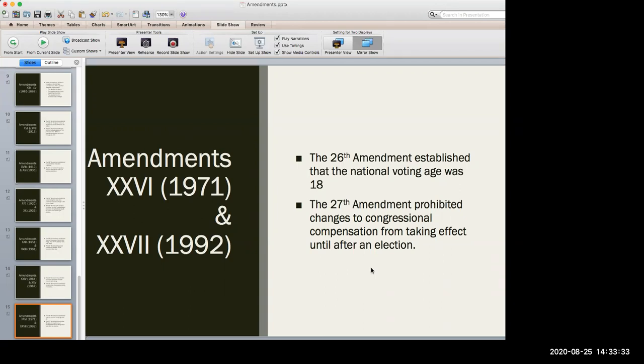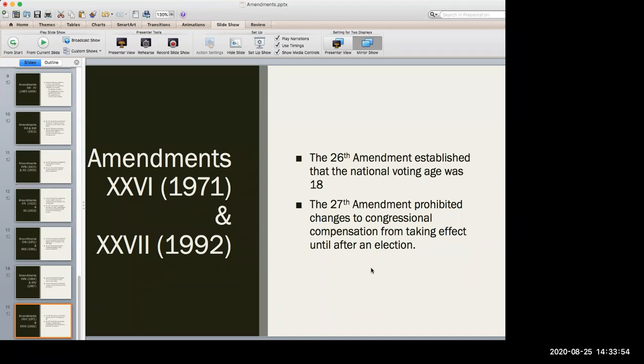So there's 5 amendments out of 15 that directly relate to voting. But then I've got a question. What about 17? Direct election of senators. Do y'all want to add that to the list? Do y'all want to make it 6? 6 out of 15?